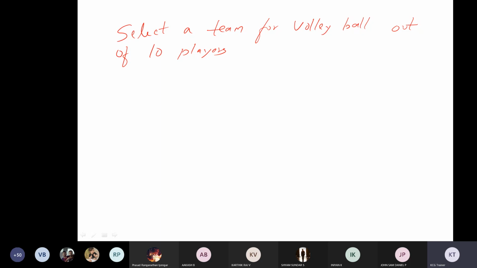But there will be some conditions here. If the captain is already selected. Anyone tell me how many people play in volleyball?